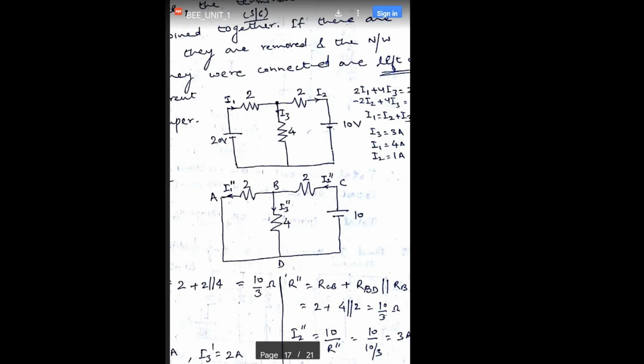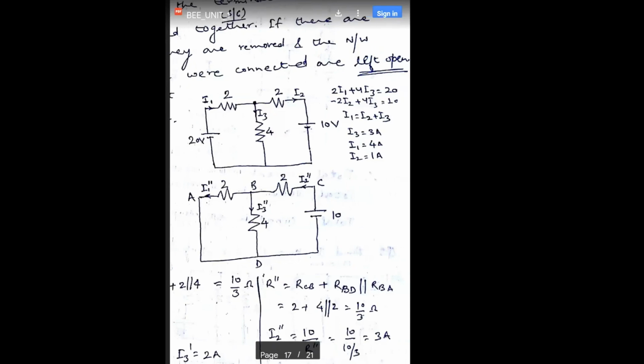So whenever we are asked to verify the superposition theorem, then we have to calculate the current flowing through each resistance or each passive element using superposition theorem, and also by any other method, whichever you find easy.